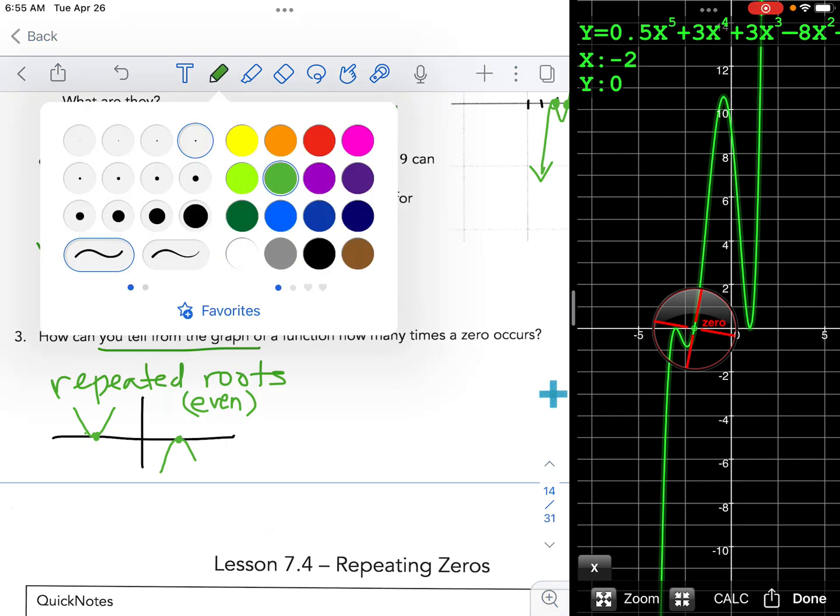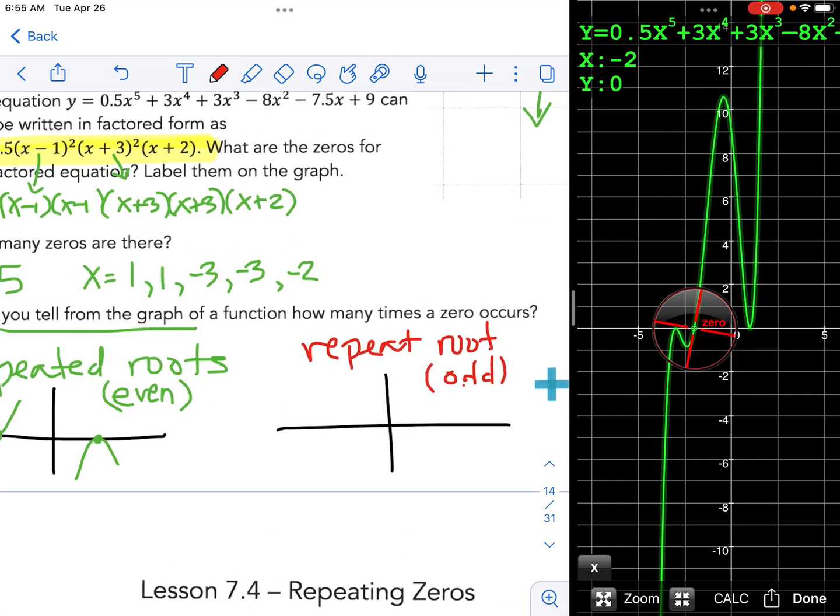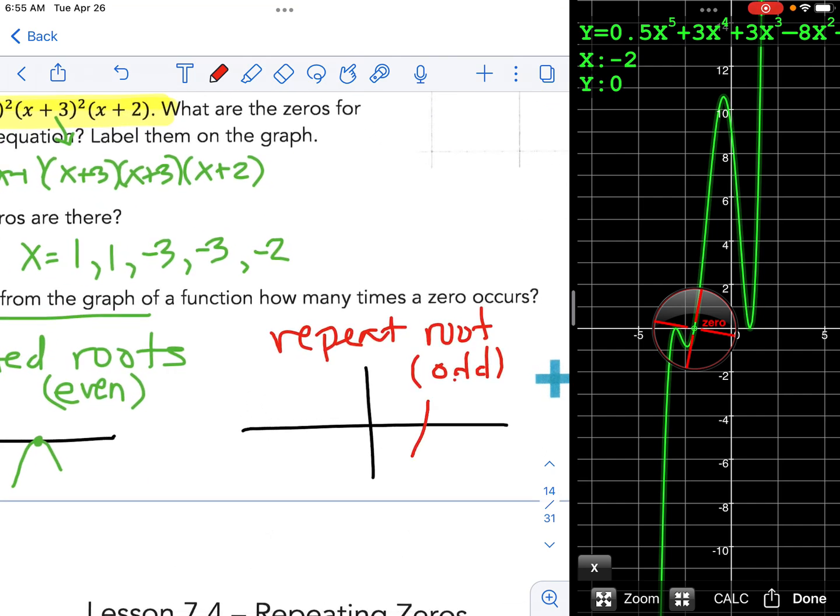If the root is odd, the repeated root is odd, which we haven't discussed yet, this actually just looks like a regular root. It's harder to see, so it looks normal.